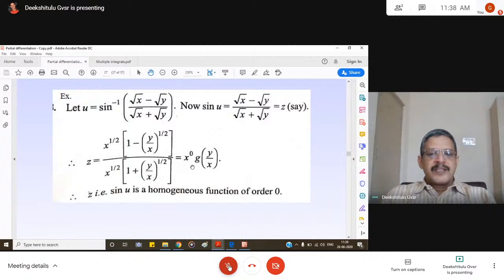But what is the x power here? Root x by root x gets cancelled, we get x power 0. So u is a homogeneous function, there is no doubt, but the degree of the homogeneous function is 0.